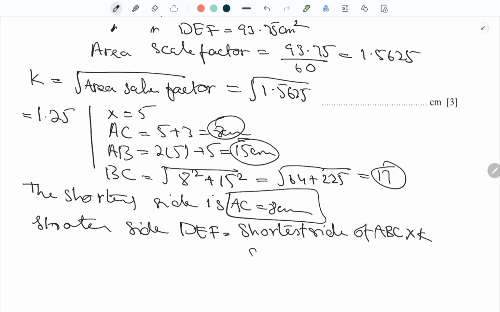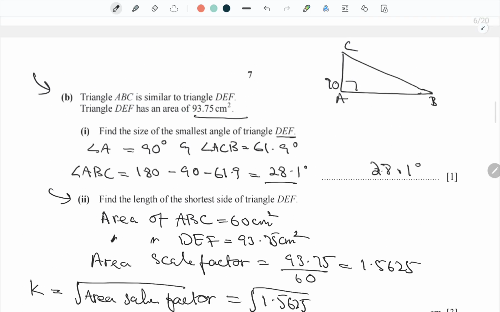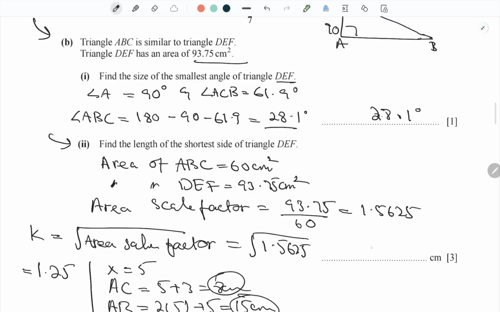That is 8, times K. What is the value of K? That is 1.25. So we get the answer, 10. So the shortest side of the triangle DEF is 10 centimeters. I write the answer here.